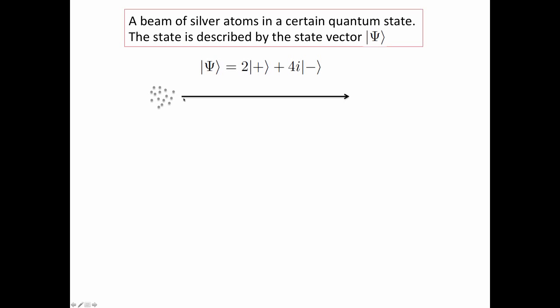So we can picture, as in the original Stern-Gerlach experiment, that we are dealing with a very large number of silver atoms in a beam that is traveling along in some direction, and it encounters our experimental apparatus, our Stern-Gerlach apparatus, which will perform a measurement on these atoms, and it'll measure either the spin along the z direction, which you can picture as pointing up and down in the plane of this screen, or the x direction, which you can think of as pointing in and out of the screen, or the y direction, which you can think of as pointing left or right along the screen.